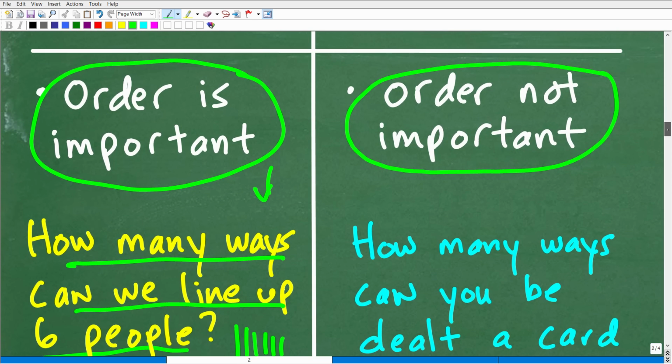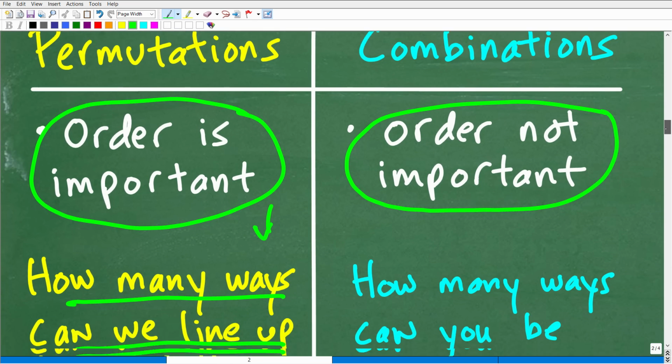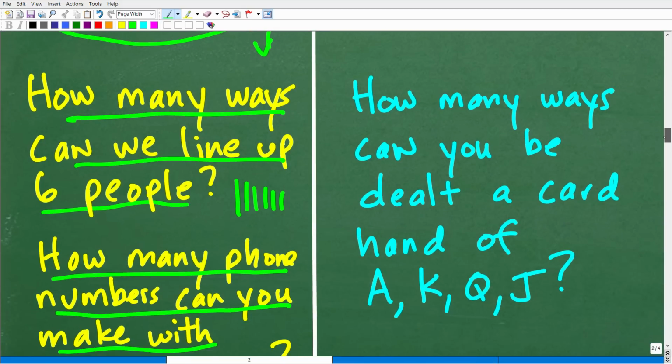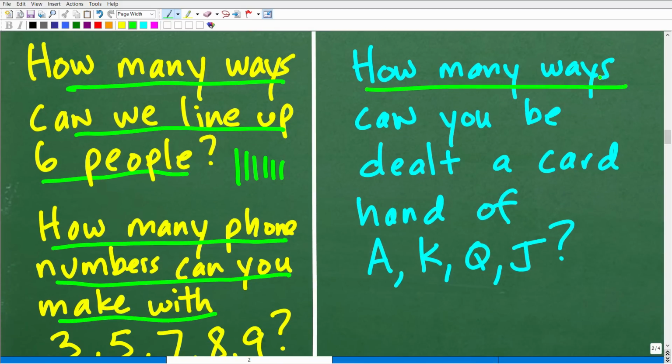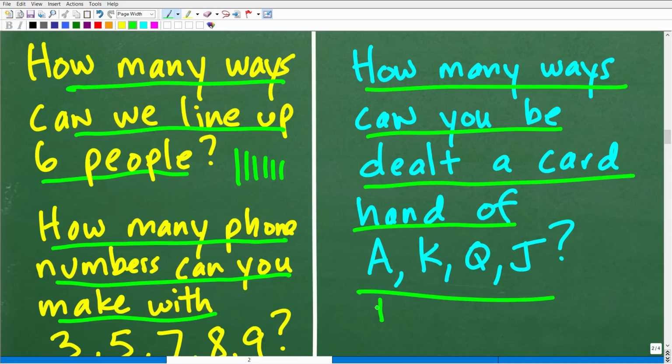Now let's take a look at an example of combinations, where order is not important. Maybe we had a question like this: how many ways can you be dealt a card hand, for those of you out there who like to play poker or cards, of an ace, king, queen, and a jack? So how many different ways?